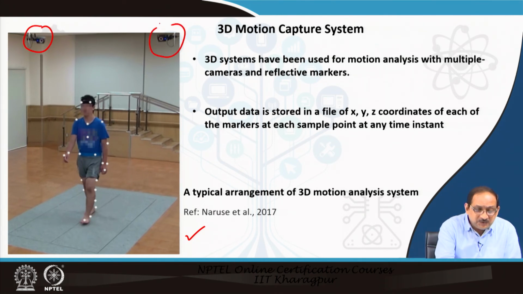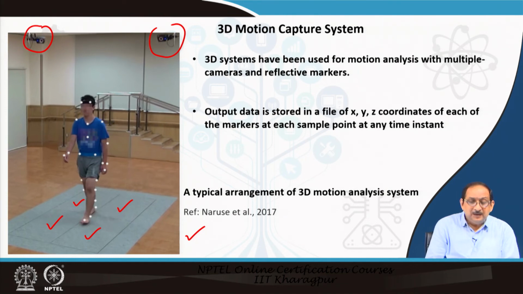There are 4 force plates forming a walkway. The force plates are mounted on the floor in the middle of the walkway, and there are reflective markers, represented here as white circles. They are 14 millimeter reflective markers.